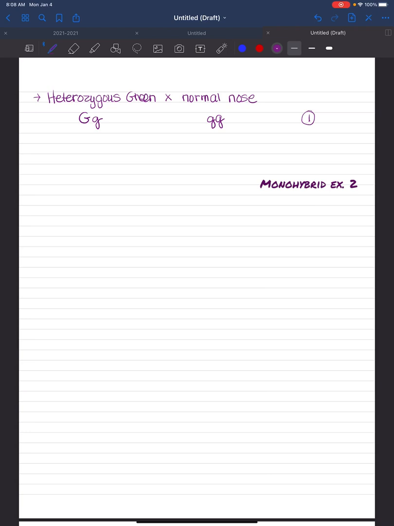Step two is to fill in the Punnett square. Remember, we have 4 squares because that's how many cells are produced at the end of meiosis. And so we put mom along the side and dad up here. And so mom is going to contribute the big G allele to these 2 gametes.